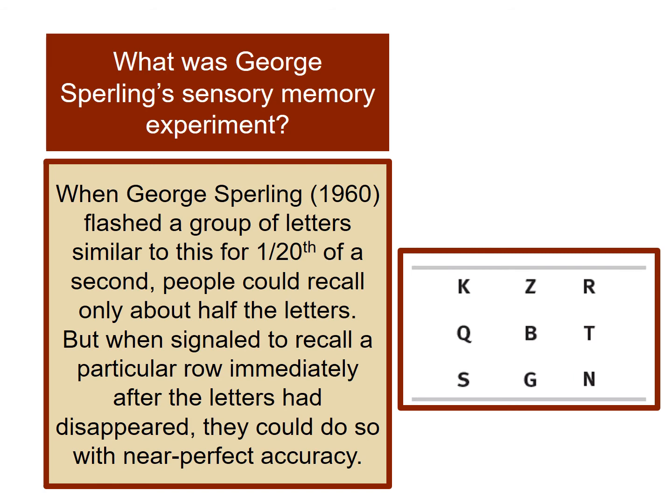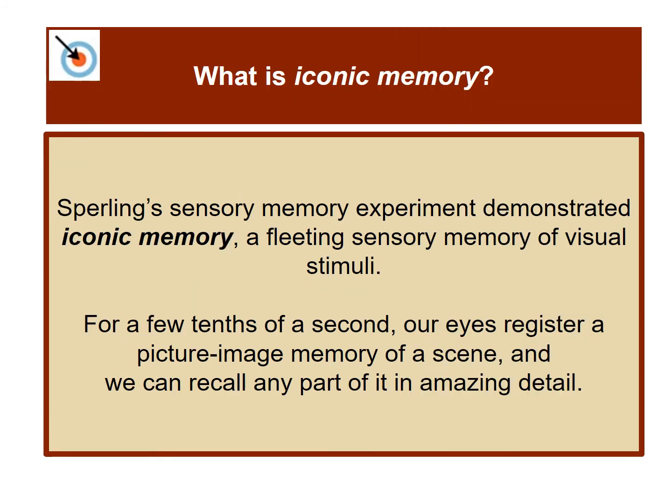This is the sensory memory experiment. In a particular row, like KZR, QBT, SGN, they could repeat it with near perfect accuracy, but they could not recall all the letters when looked at as a whole.